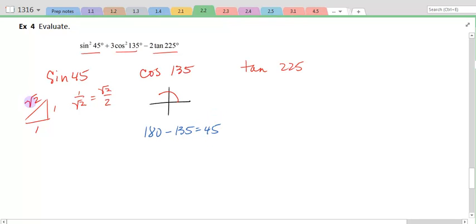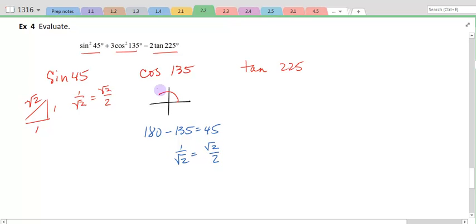So I'm still looking at a 45 degree triangle, only this time I want to know what the cosine of that is. So the cosine of 135 is going to be x over r, which is 1 over the square root of 2, or the square root of 2 over 2.